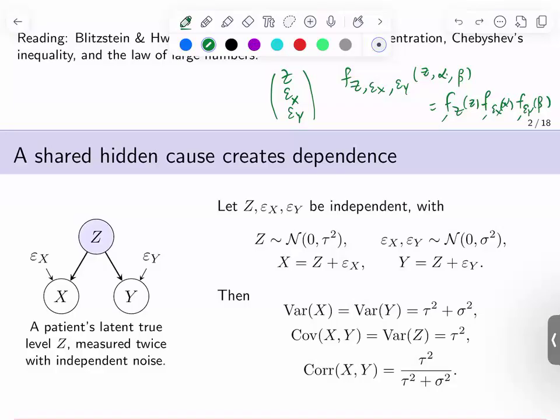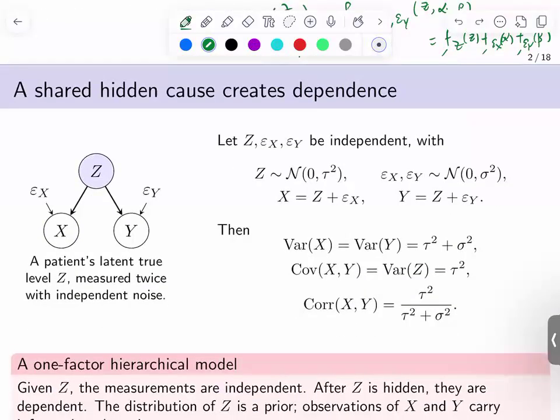But we'll have a joint distribution, and intuitively, these are easily visualized as diagrams that look like graphs with directed edges. So assume that Z is a random variable. This is influencing X, and also epsilon X is influencing X. So X is really a function of both epsilon X and Z. When you graphically represent it, X will have parents.